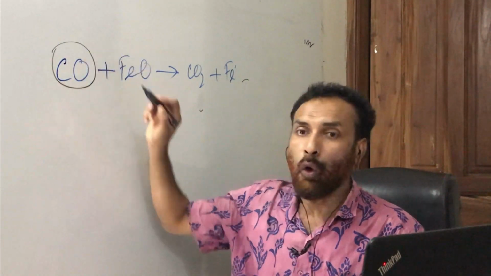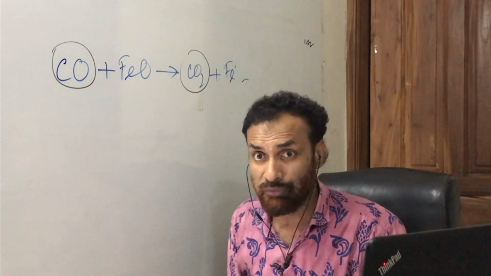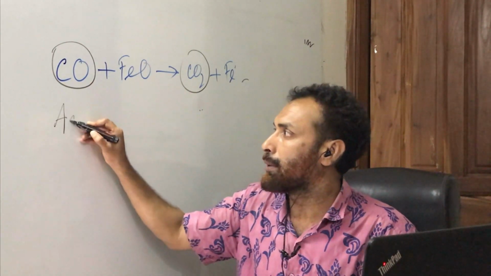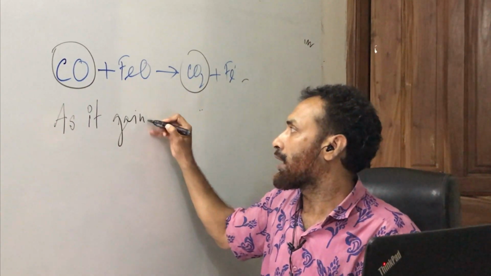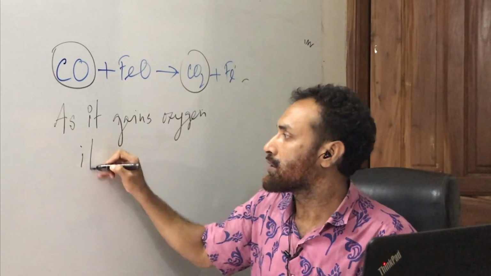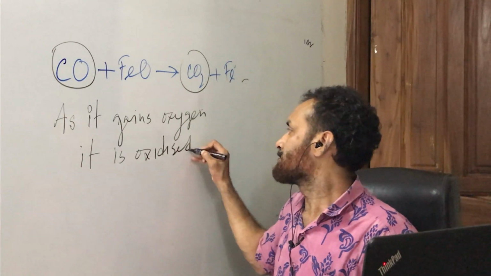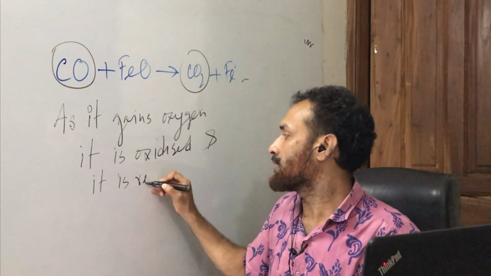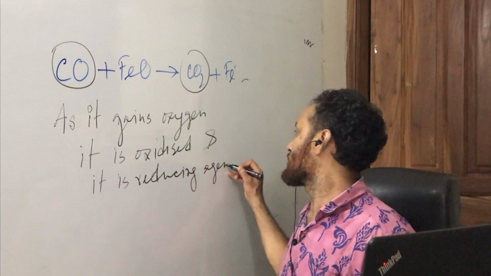Look here, CO, and here you get CO2. What does it do? This clearly gains oxygen. So here I am writing: it gains oxygen, it is oxidized, and it is a reducing agent.